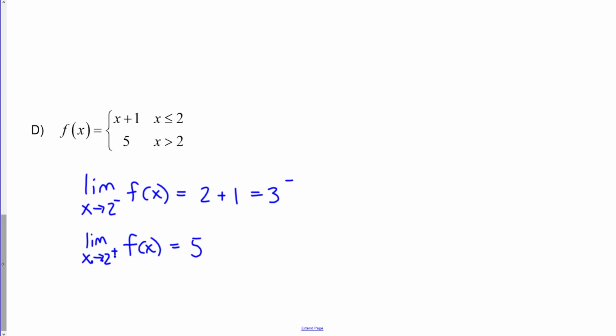So these two, the limit from the left and the limit from the right, do not agree. So that means that the limit as x approaches 2 of my function does not exist.